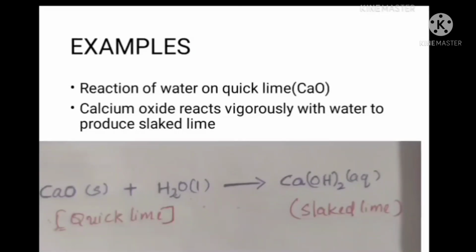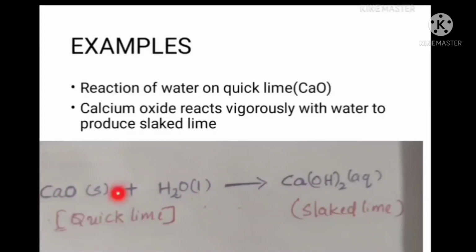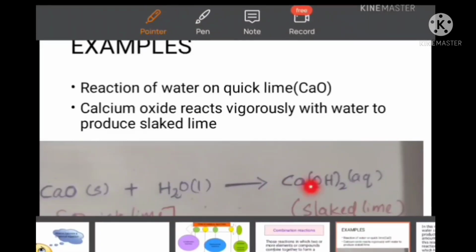Reaction of water on quicklime. Quicklime is calcium oxide. Calcium oxide reacts vigorously with water to produce slaked lime. That is given in this equation: CaO plus H2O gives Ca(OH)2.